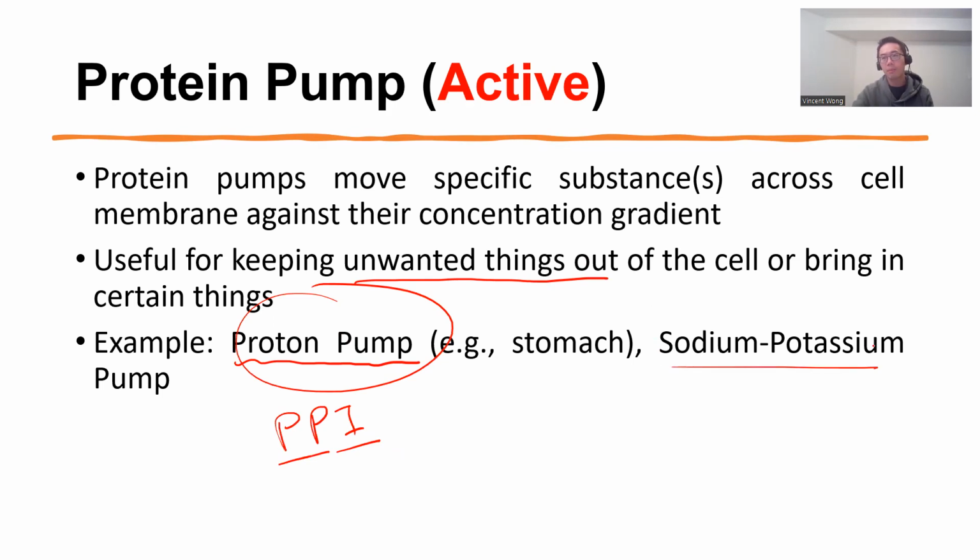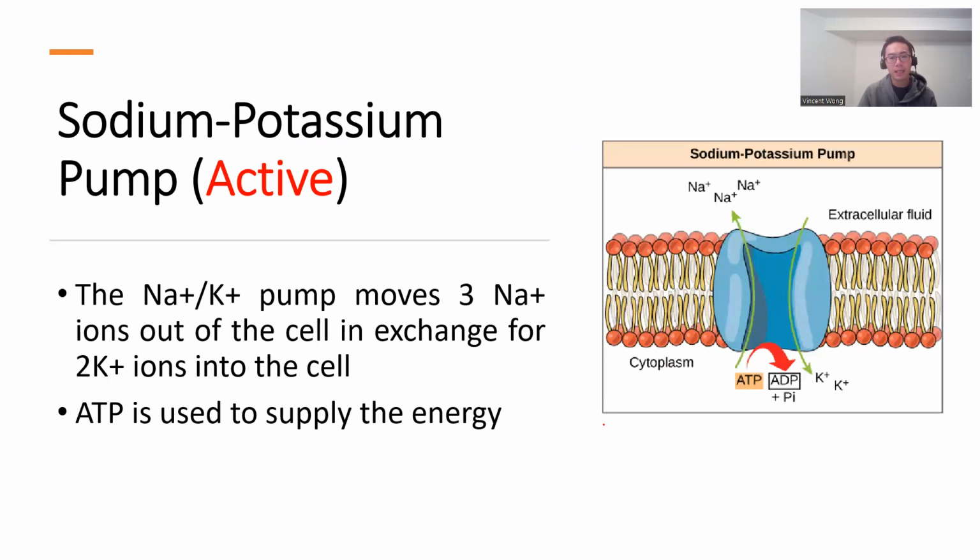Another example is sodium-potassium pump. Sodium-potassium pump is important for normal cell function. And we will learn a lot more about the sodium-potassium pump next semester. Basically it works by moving 3 sodium out of the cell in exchange for 2 potassium. Just stay with me.